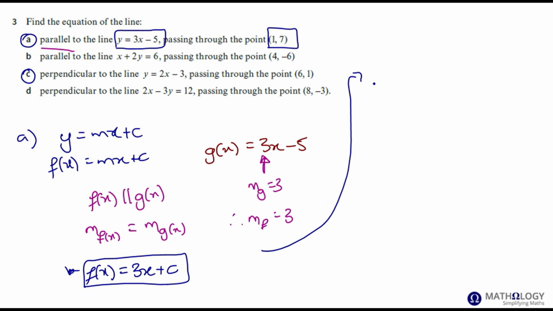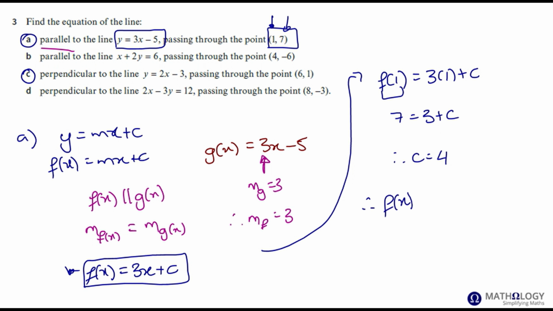So x equals 1. f of 1 would be 3 times 1 plus c. f of 1 is 7. Therefore c equals 4. And therefore f of x equals 3x plus 4.